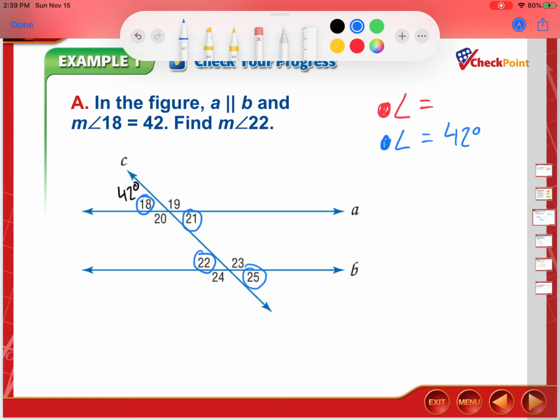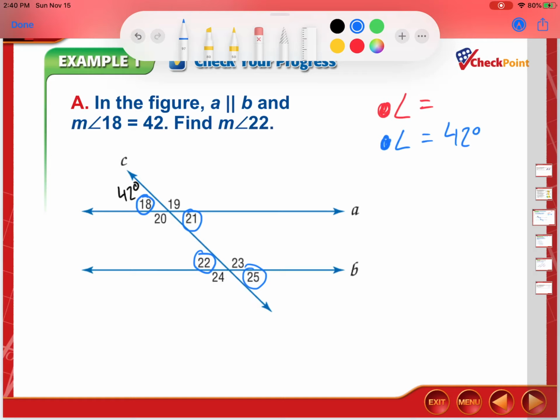The other angle that we can use is angle 21, which is also going to be blue, and I'm going to base that off of 25 and 21 being corresponding angles, so they share the same measurement because they both lie on the same side of the transversal, and they share the same relative position. We could also say that they're alternate interior angles, 21 and 22, to say both of them are 42 degrees as well.